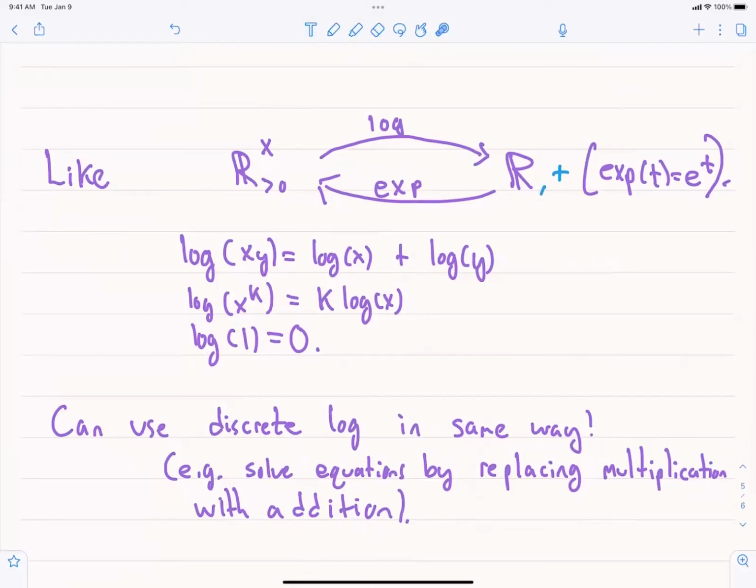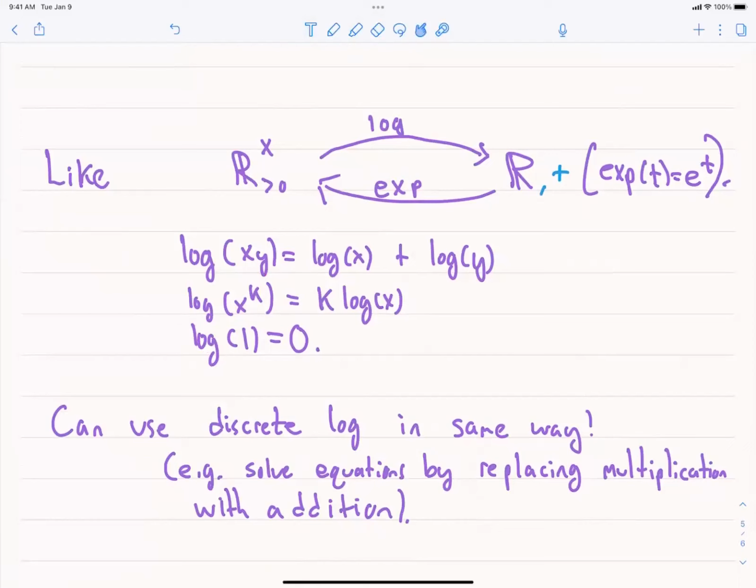And so we use discrete logarithm the same way. We use it to try and solve equations involving multiplication in finite fields by replacing them with equations just involving addition. Okay. Good, so we'll see some of that on the worksheet.